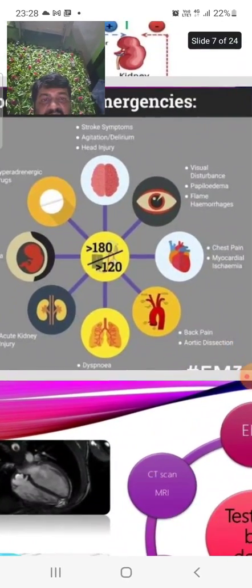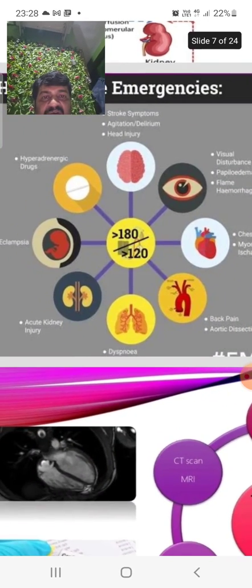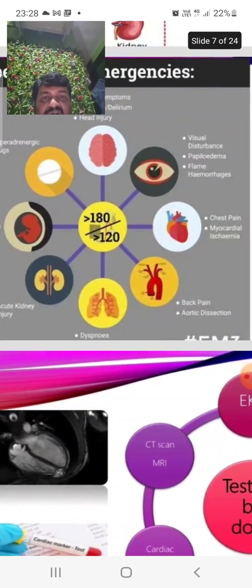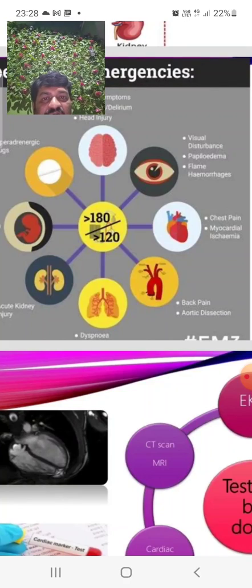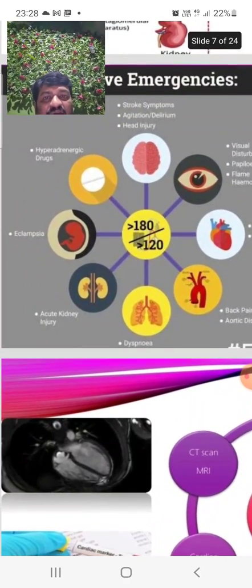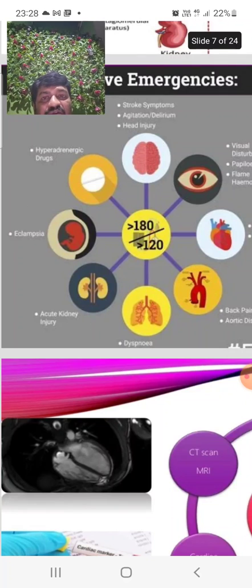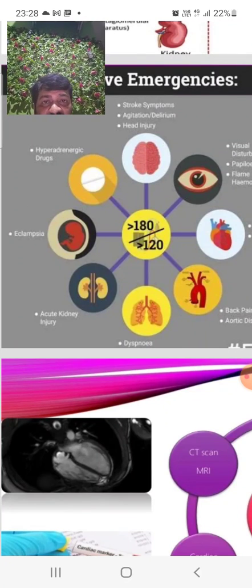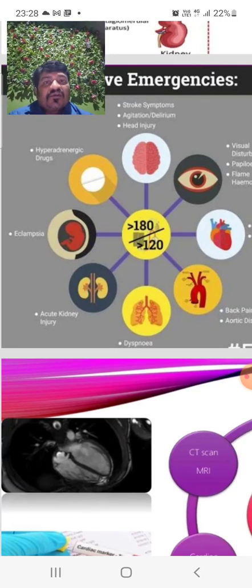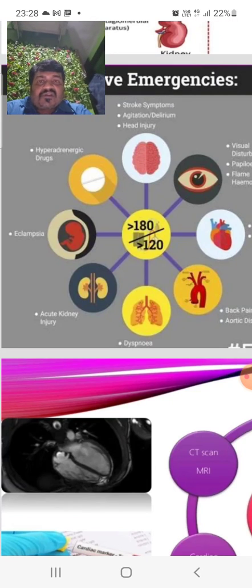It may lead to back pain when aortic dissection is there. It may lead to left ventricular dysfunction, in which we are getting vessel cramps in the lungs. It affects acute kidney injury, and in pregnant women, when the blood pressure is more than 180 by 120, we are getting eclampsia.